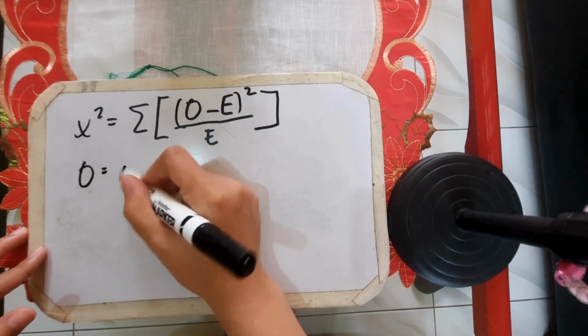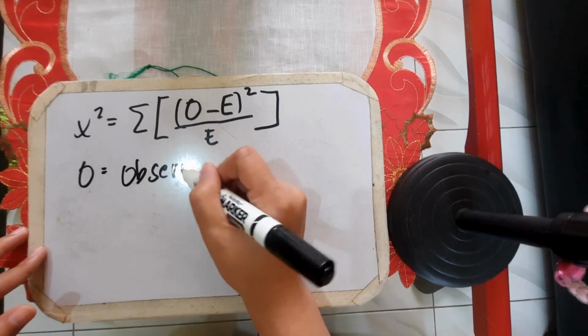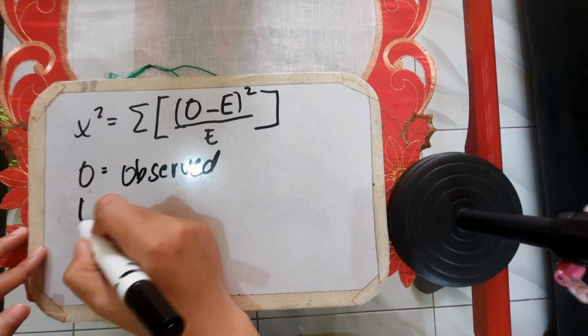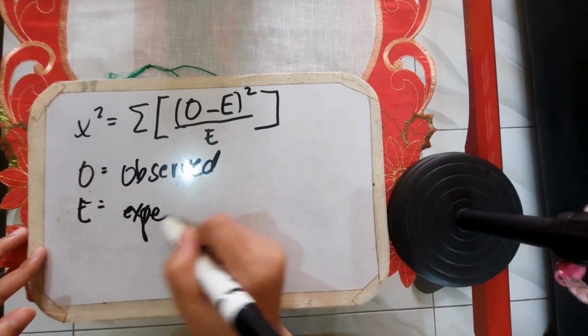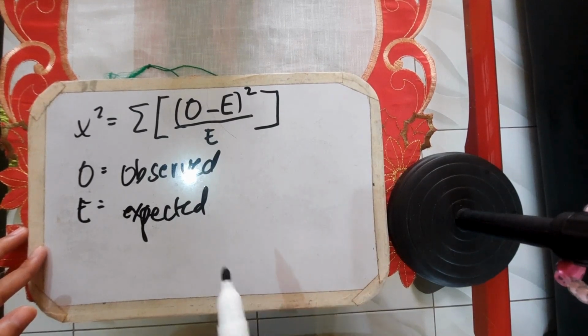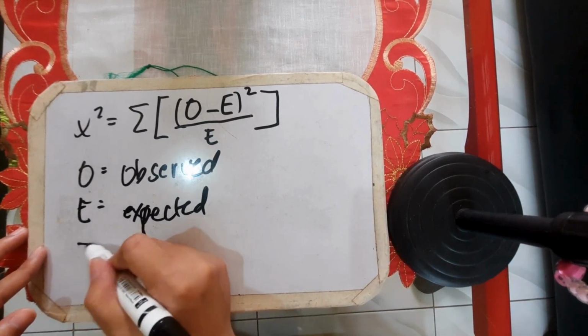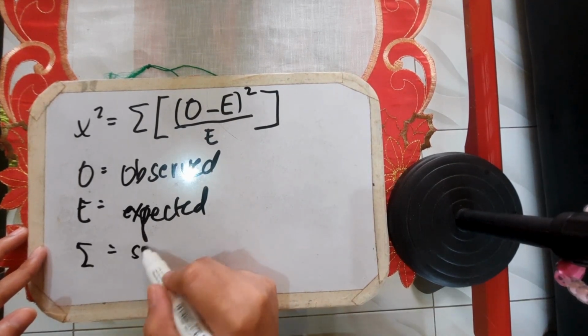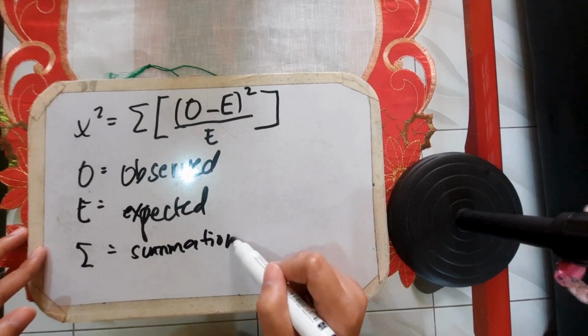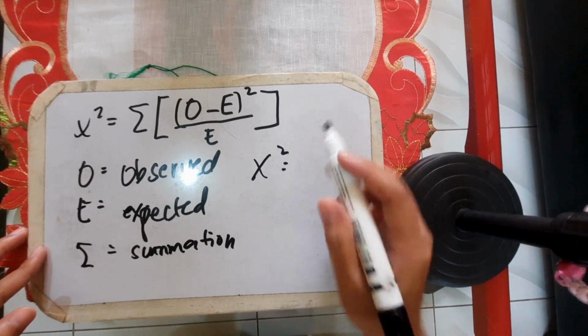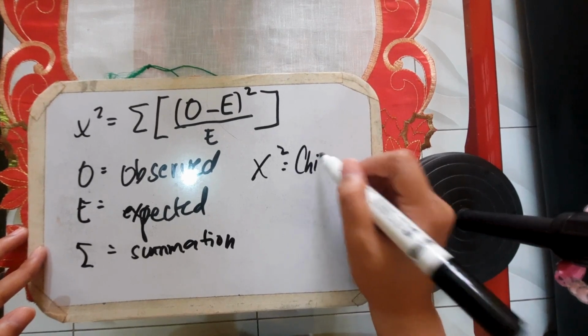O represents the observed frequencies, while E represents the expected frequencies. And sigma is the representation of the summation. X squared is the representation of chi-square.